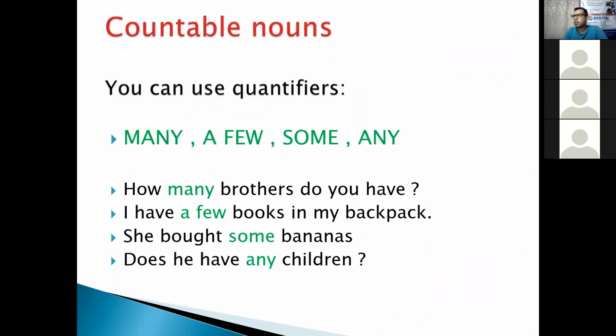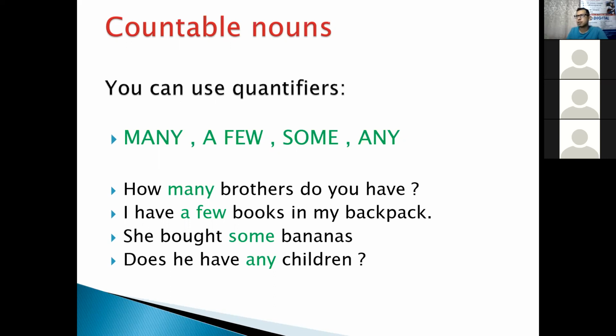With countable nouns, we can use quantifiers. Quantifiers are some words we use. For example, many, a few, some, any. Examples: How many brothers do you have?